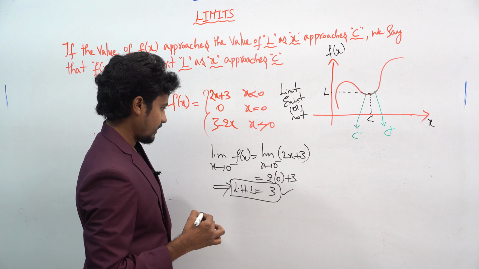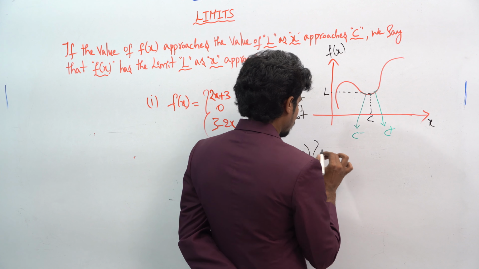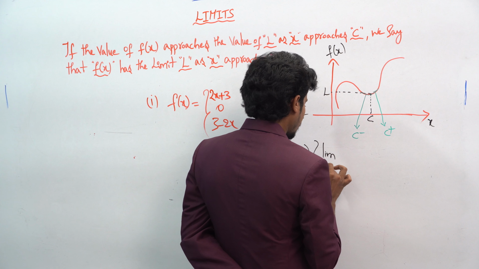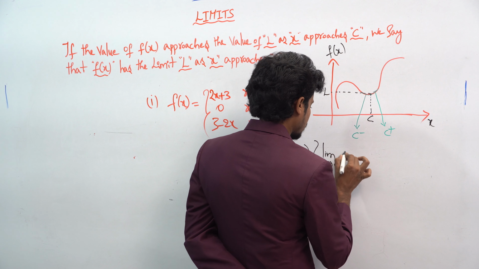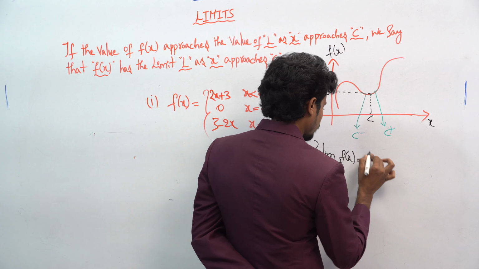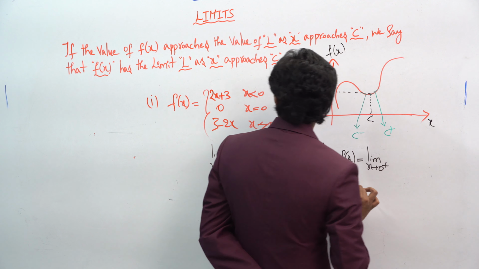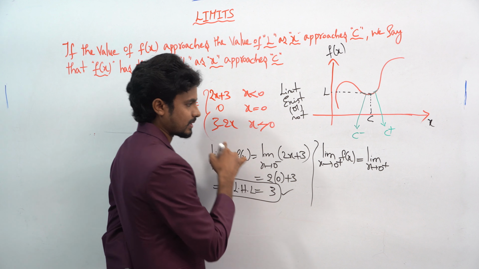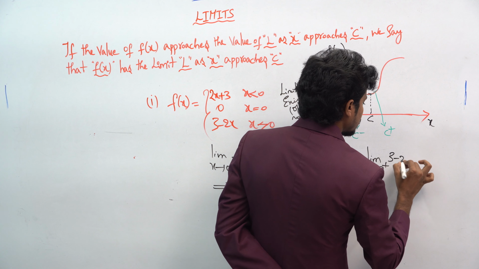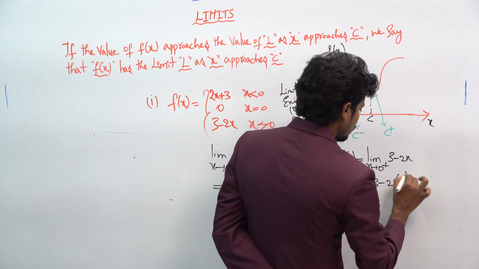For example, if you apply the right hand limit, what will happen? The limit as x tends to 0 plus of f of x, for x greater than 0, will be 3 minus 2x. So this will be 3 minus 2 into 0.